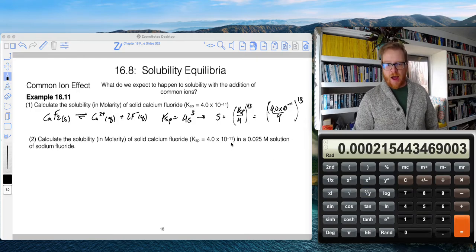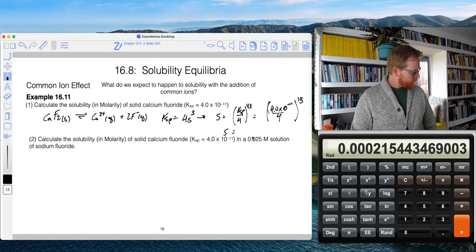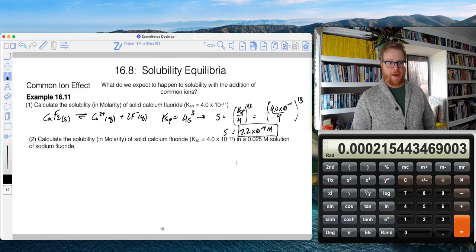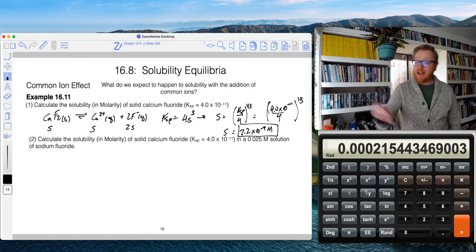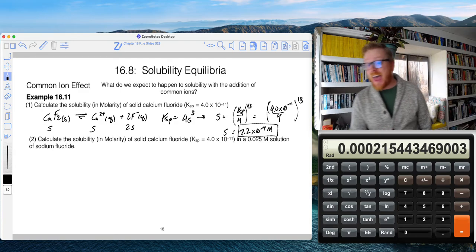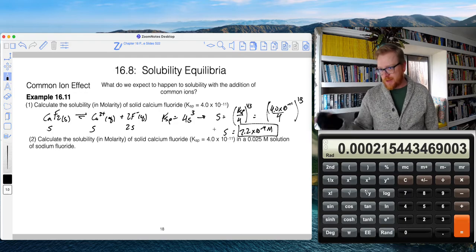And so I get the molar solubility equals, with 2 sig figs, 2.2 times 10 to the minus 4 molar. Okay. And remember, because we call this S, and because we call this 2s, that means with our stoichiometry, my calcium fluoride is the value of s. So that's why I'm just only solving for 1s.